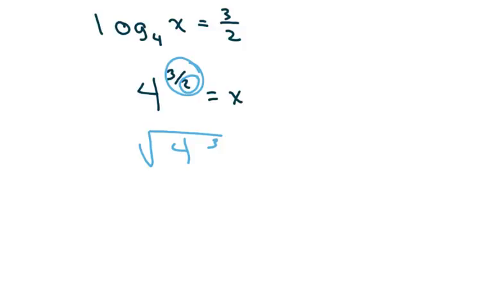I always square root first so I can get the number small. Doesn't matter. I'll do both. So you square root of 4 and you get 2. So you get 2 cubed equals 8. So that's your x. Or you could cube the 4 and you get 64. And the square root of 64 is 8. I always like the square root first.